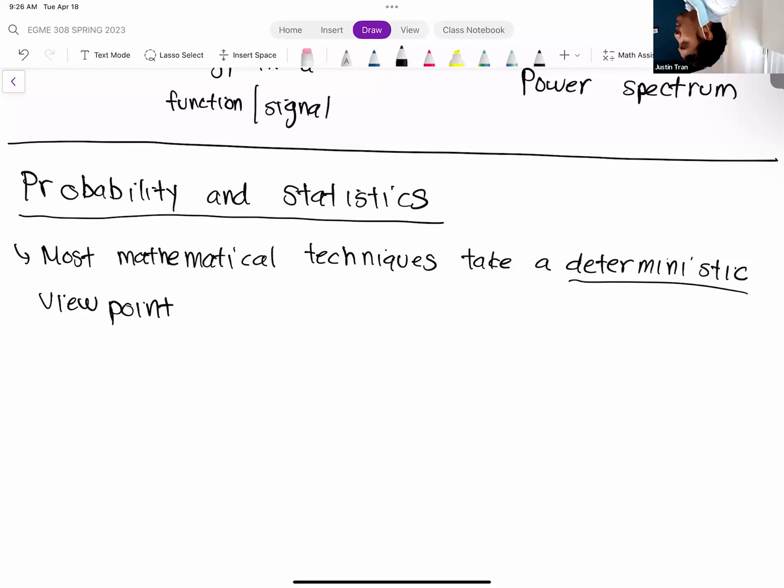What I mean by deterministic is basically that if you have a formula, an equation, there is one answer to that equation. There is a direct correlation: one question has one solution.